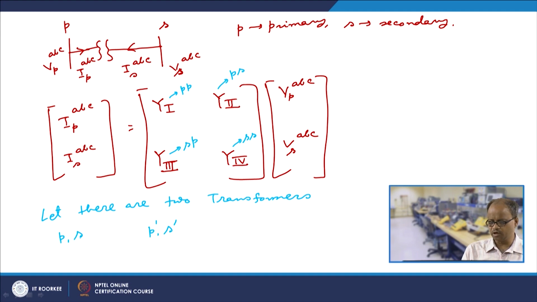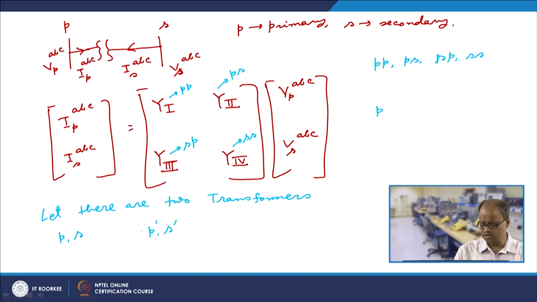So we will simply remove these 2 transformers first, find the Y bus reduced matrix by the usual process, and then add the 4 sub matrices at the locations PP, PS, SP and SS.